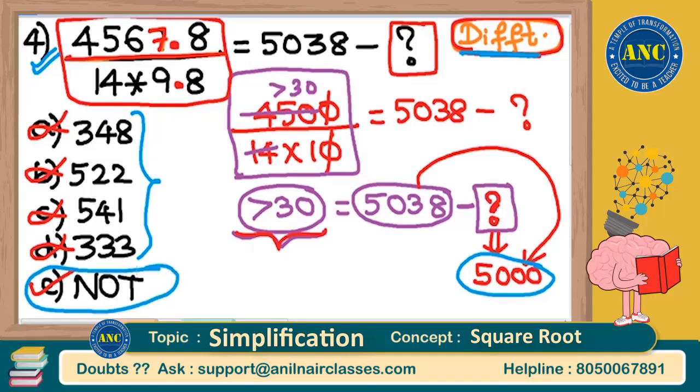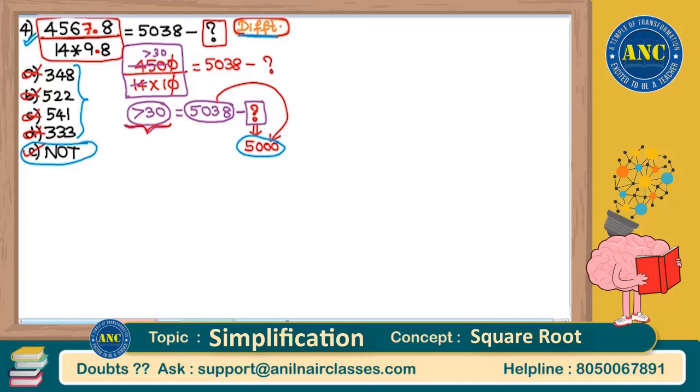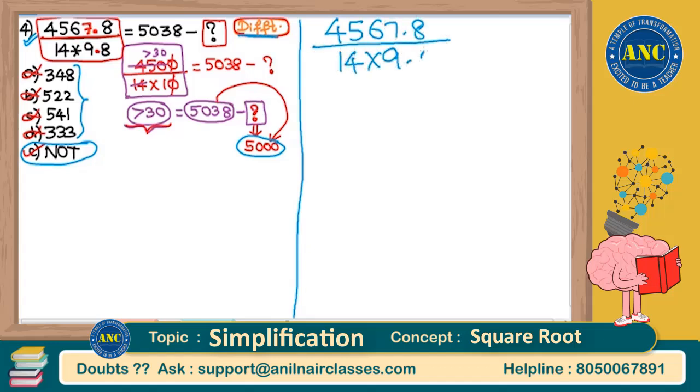I believe the idea is very clear for you people. I am repeating it for G. Mahananda, and every other student who is not clear, kindly listen to this carefully. One last time I am repeating it for you, sir. Please see here: 4567.8 divided by 14 times 9.8, and 5038 minus question mark is the right hand side.